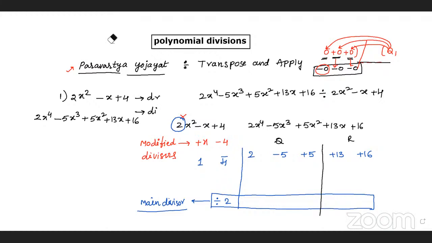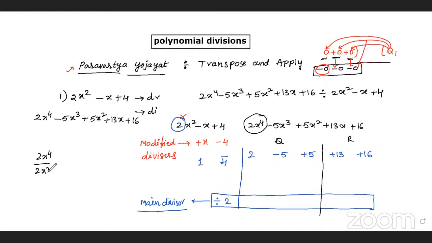Why are the modified divisors indicating the remainder part and the quotient part? Do you have any idea? Simply, I will tell you one reason. In the dividend, you have 2x power 4, and in the divisor you have 2x square.